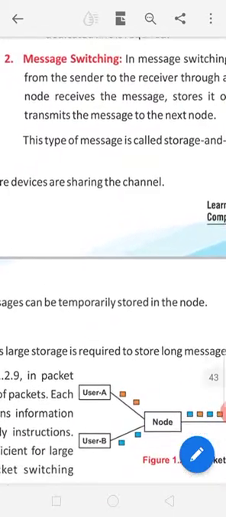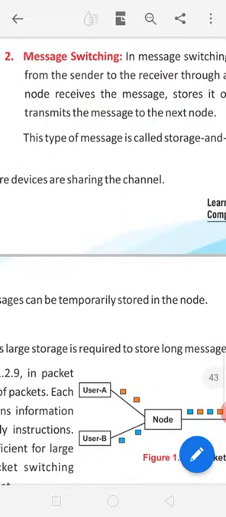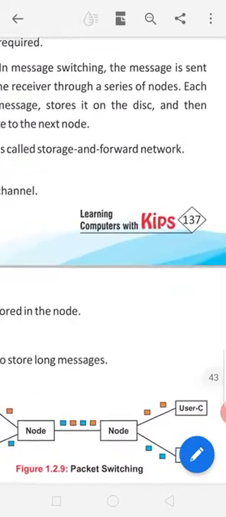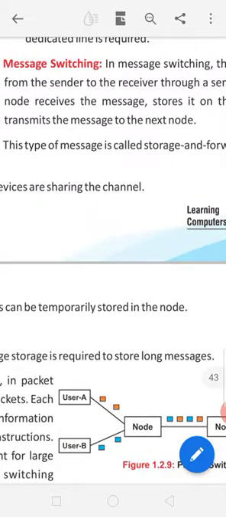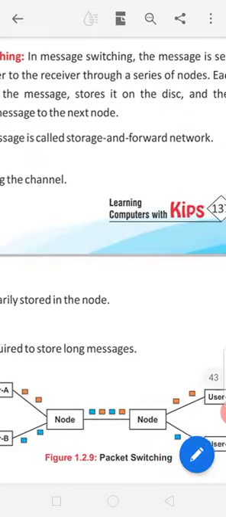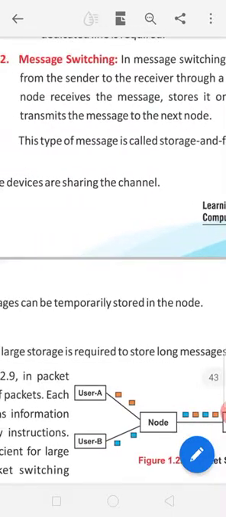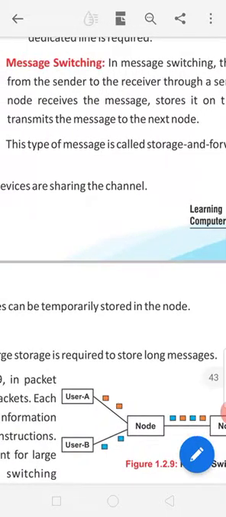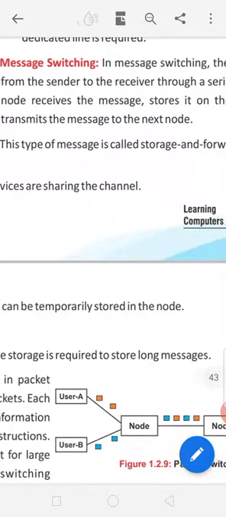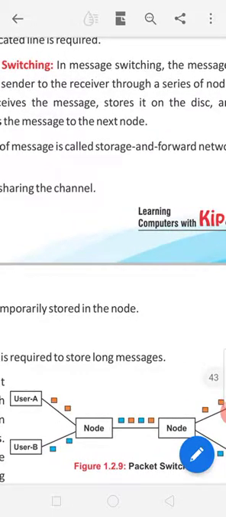Okay, next, message switching. In message switching, the message is sent from the sender to the receiver through a series of nodes. Each node receives the message, stores it on the disk, and then transmits the message to the next node. This type of network is called a store and forward network. In circuit switching we have a wire, and whenever we connect two wires, this makes the circuit.